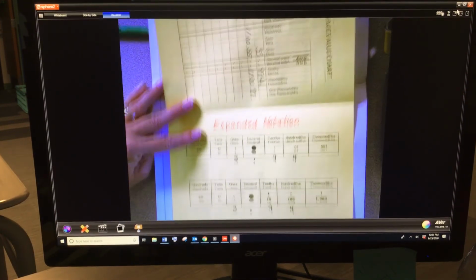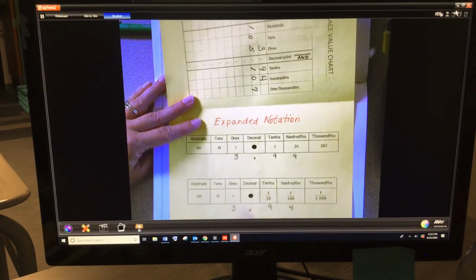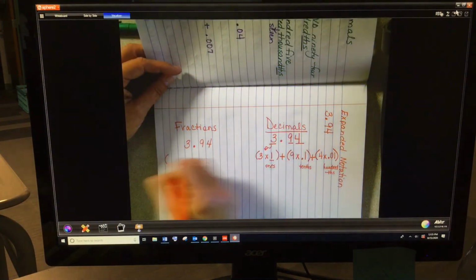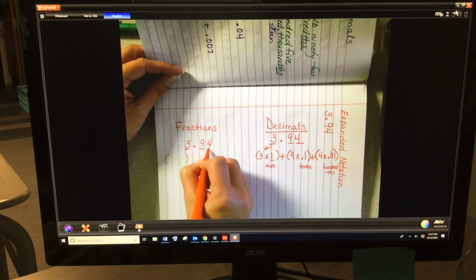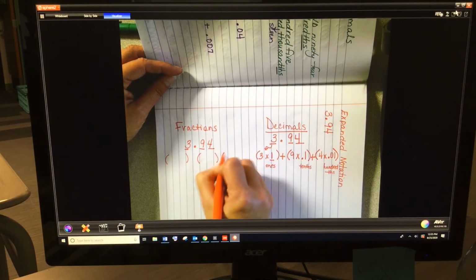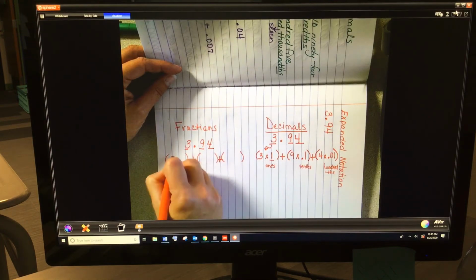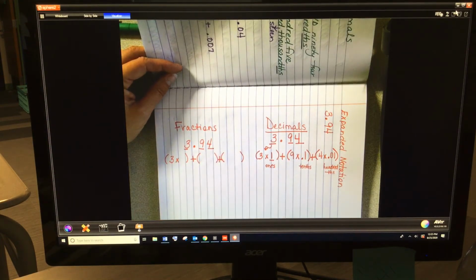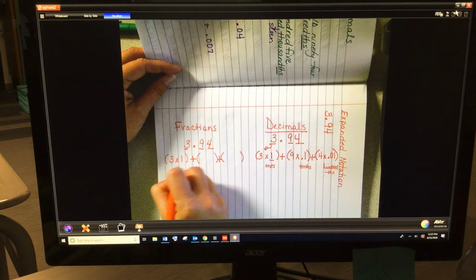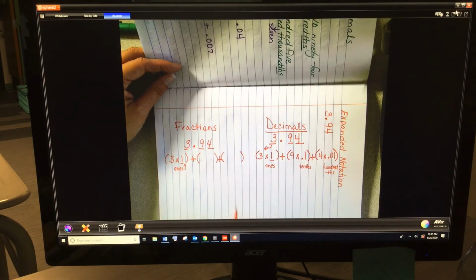So we still have 3 times what? 1. So again, we have 3 numbers, so we're going to have 3 sets of parentheses. Add in between. So we have 3. What place value is the 3 in? Well, it's in the ones. It's in the ones place, so that's why we're using the number 1.